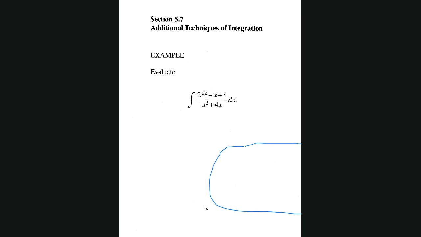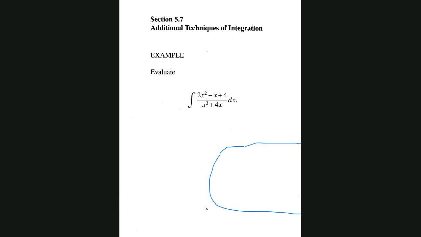Okay, so we have the integral of this rational function. We have an integral of a rational function, 2x squared minus x plus 4 divided by x cubed plus 4x.